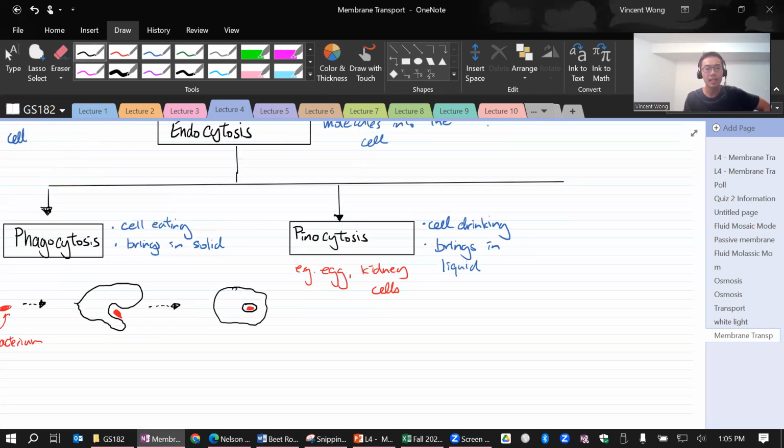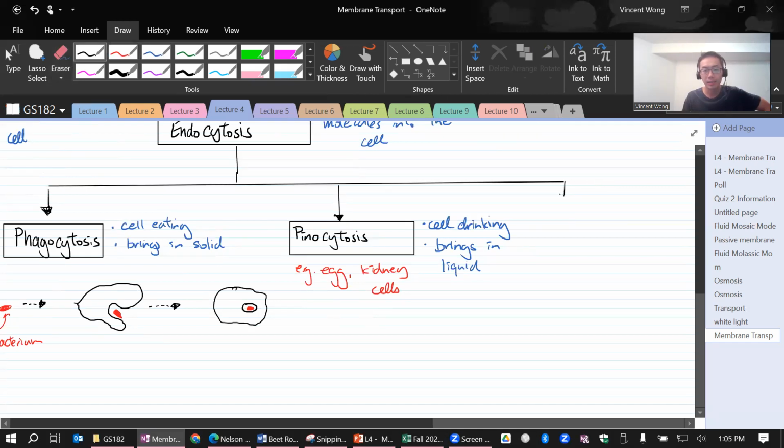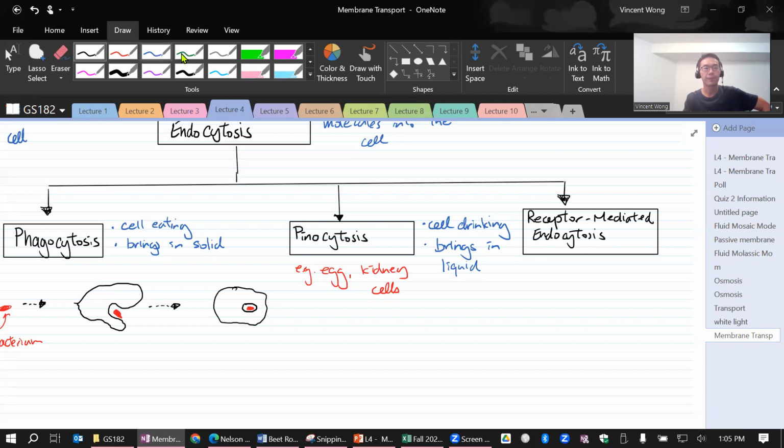And then there's one last type, and we're done. This is receptor mediated endocytosis. Okay.